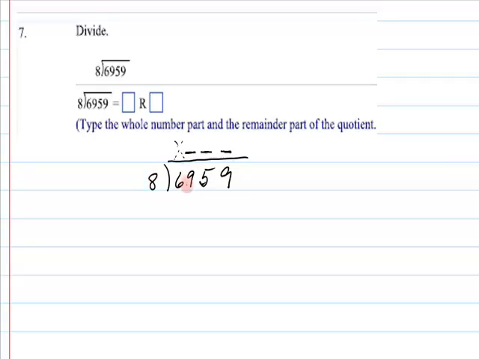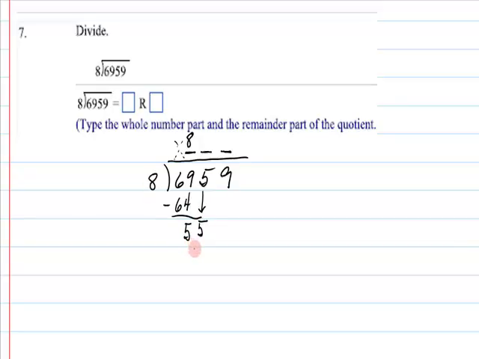Now, 8 into 69. Well, I think about all the multiples of 8. 8 times 8 is 64, and that's the closest one. So it will go in there 8 times. 8 times 8 is 64. Subtract and bring down one and only one number. Does 8 go into 55?